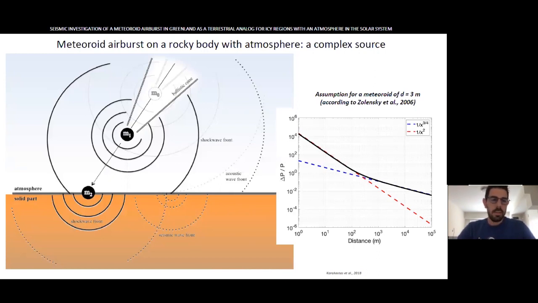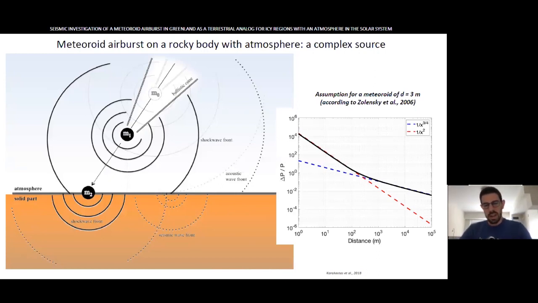Then if there is a final explosion when this object totally fragments in the atmosphere, we have generation of atmospheric shock waves that can be converted into linear acoustic waves in the atmosphere, or generate seismic waves through the coupling of the atmosphere and the solid part.